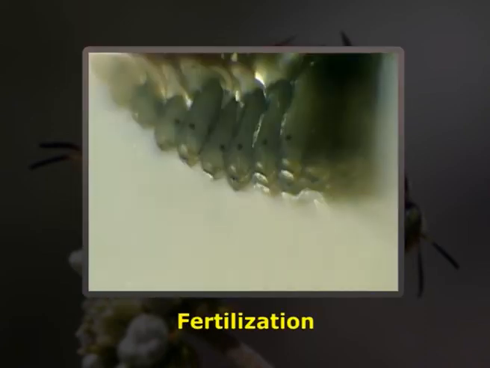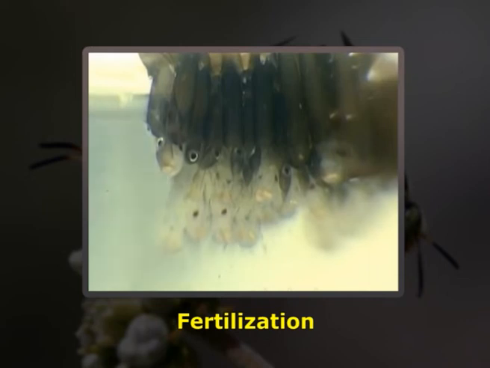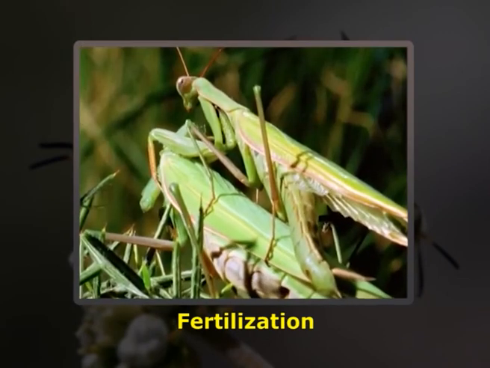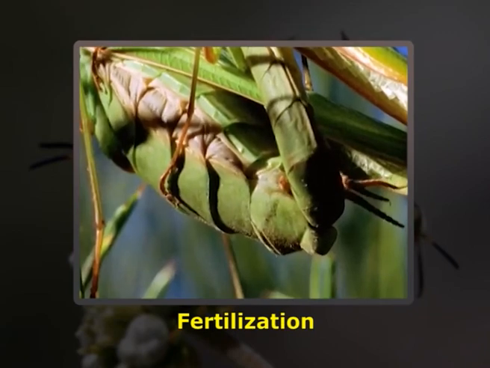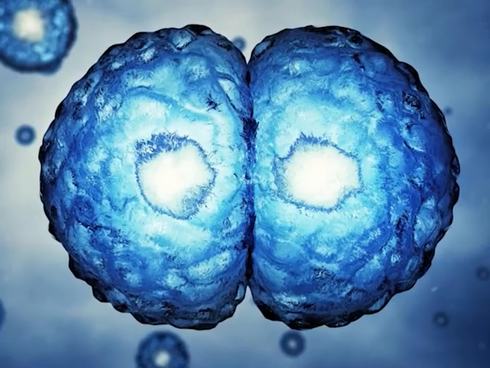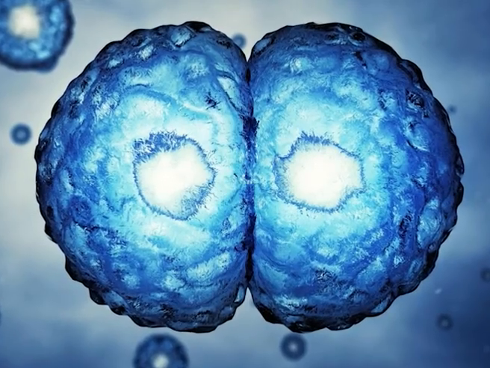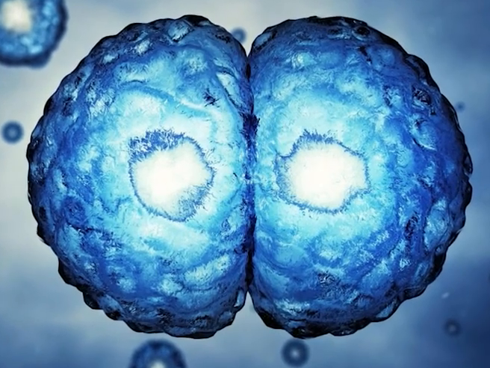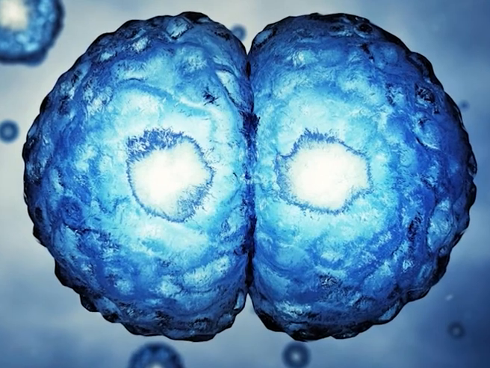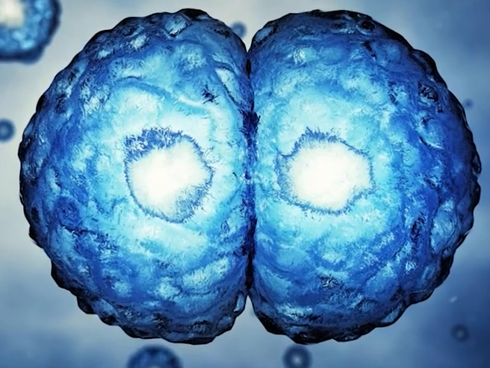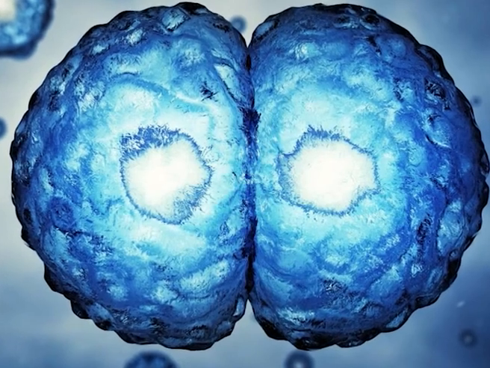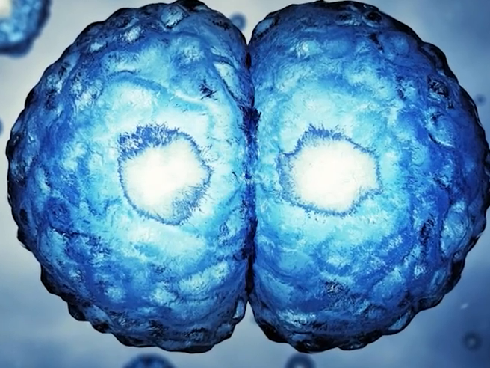Fertilization. Aquatic insect ancestors could discharge sperm into water, but terrestrial insects must transfer sperms to the female. Most insect eggs have a coating to protect the embryo from desiccation. However, they also possess micropyles, small holes to allow the entry of the sperm.